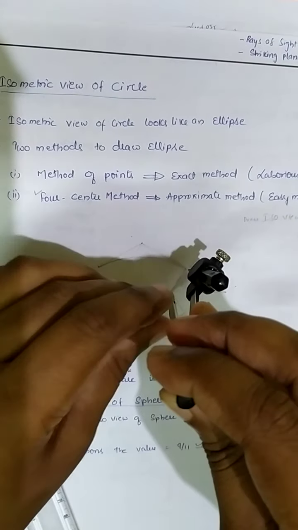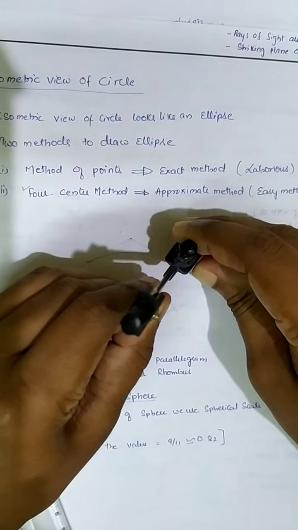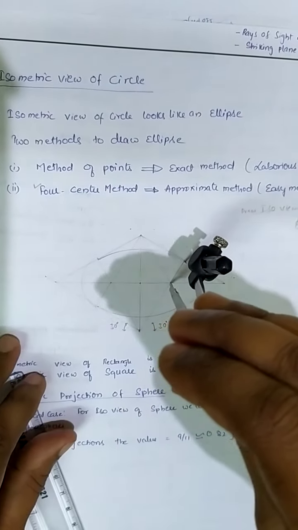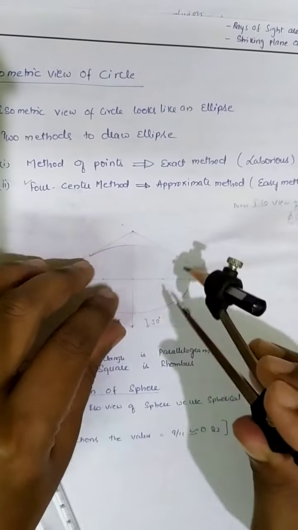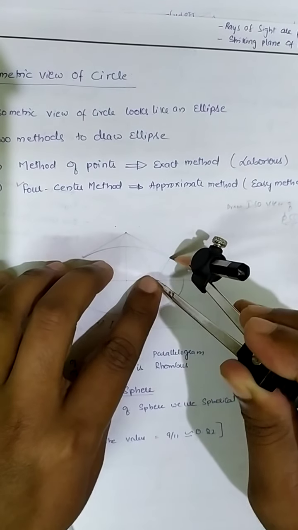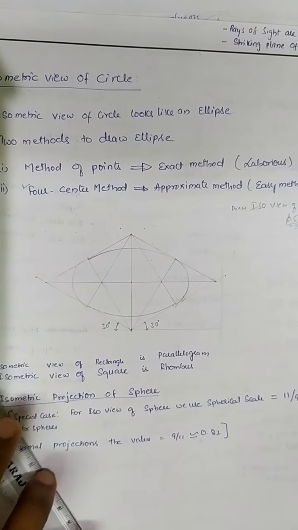So it will touch exactly to the center point. So this is how we need to construct an ellipse. So this will give the minor axis.